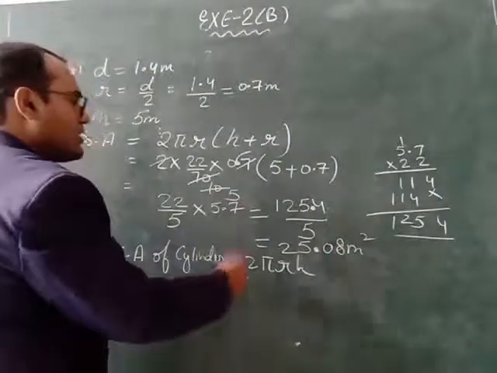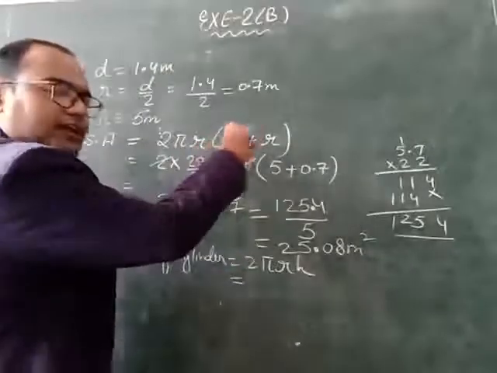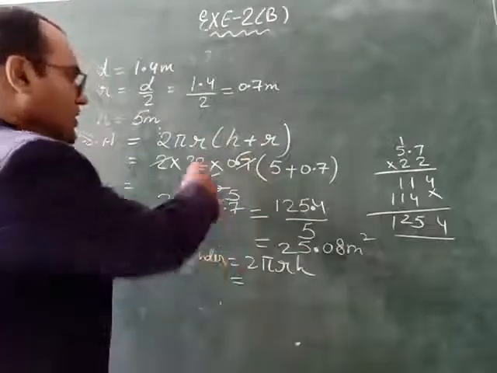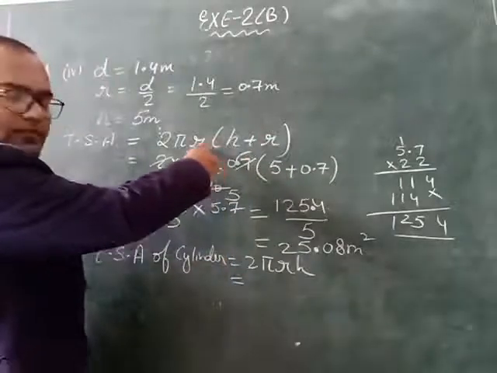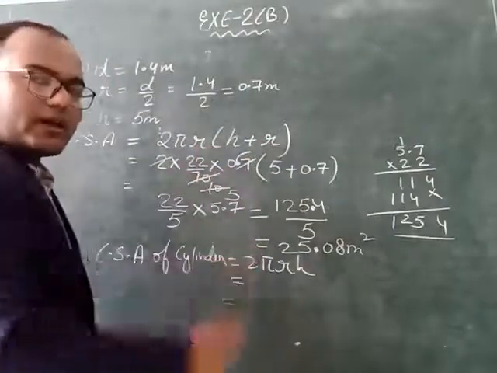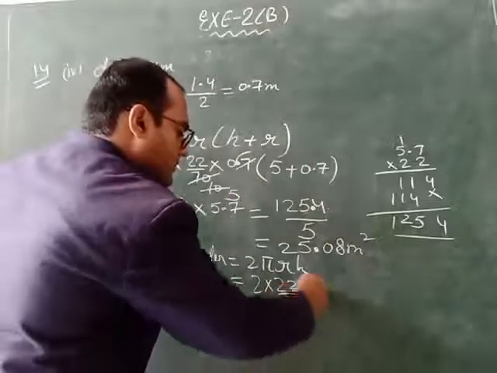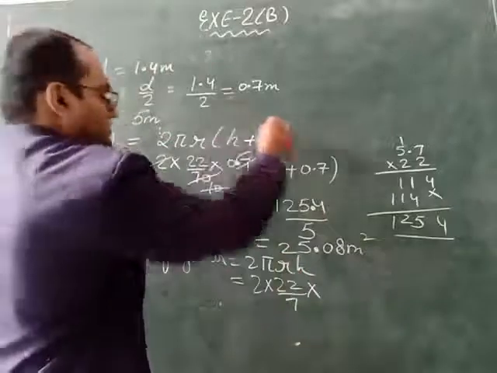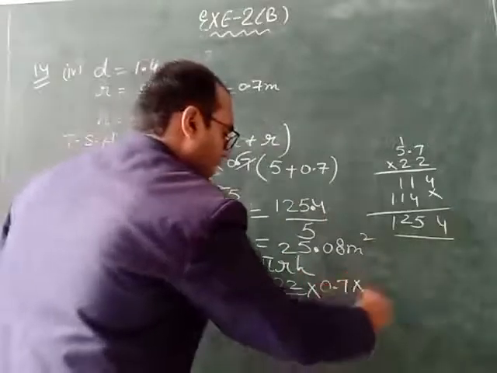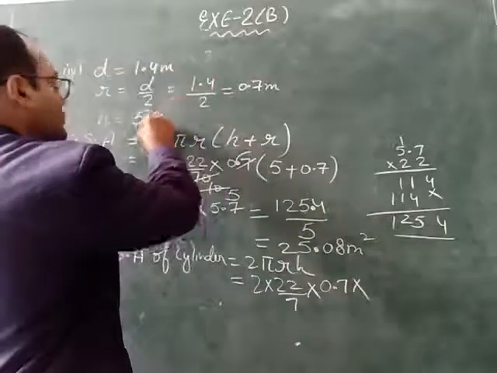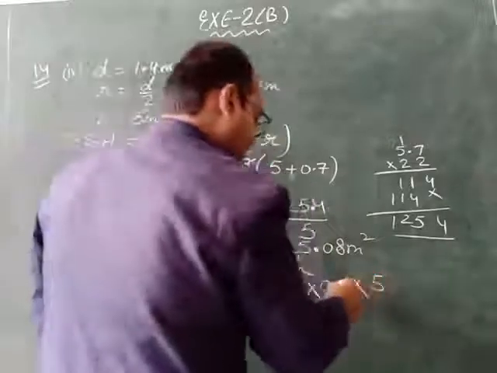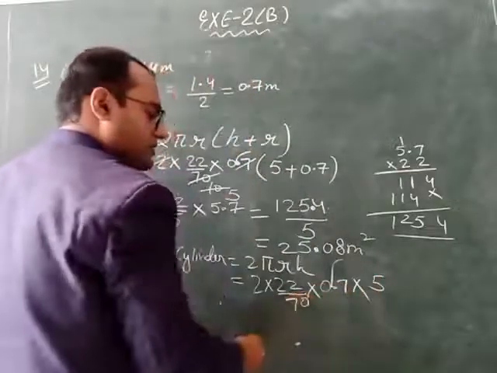Total surface area is 2 pi r (h plus r), and curved surface area is 2 pi r h. 22 upon 7, radius r is 0.7, height h is 5.